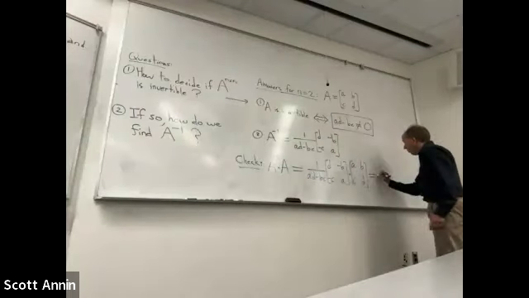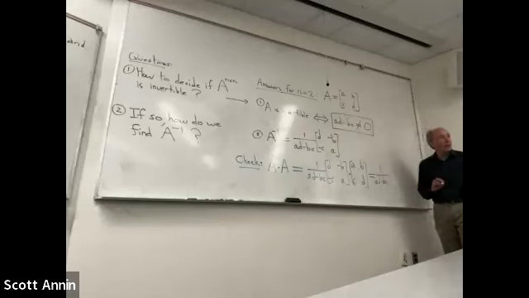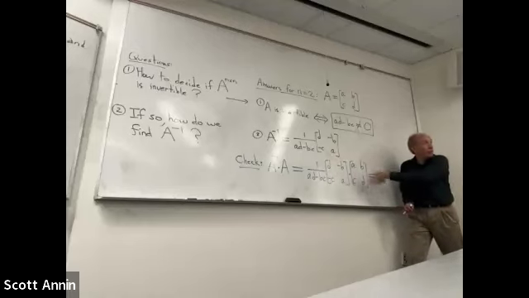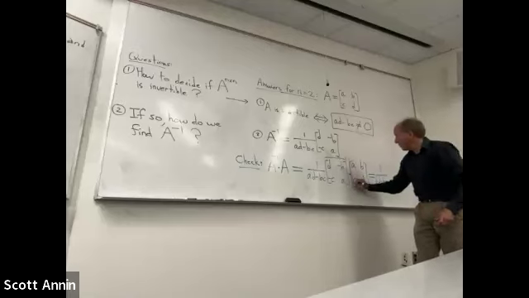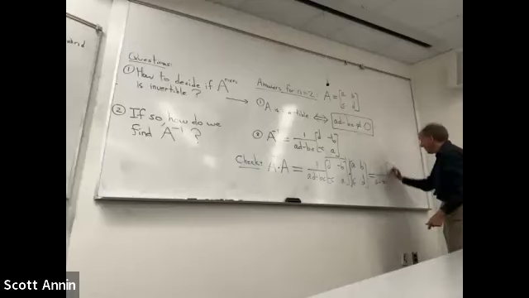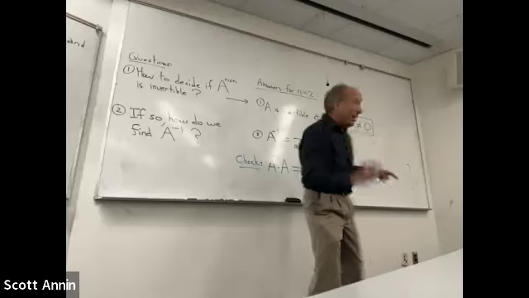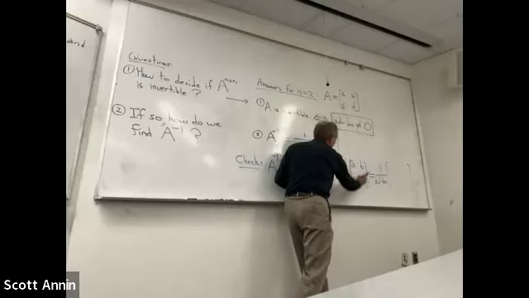Okay? So I've got 1 over AD minus BC. And now I have a 2x2 matrix times a 2x2 matrix. So everybody has to remember how to do this dot product matrix multiplication process to get the results here. If I'm in the upper left corner, I take the dot product of the first row with the first column.